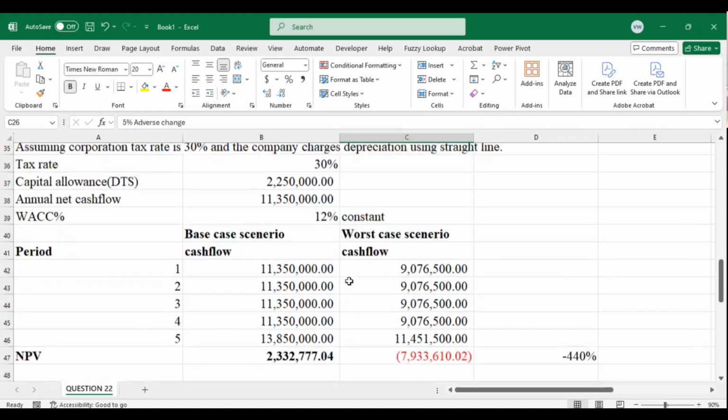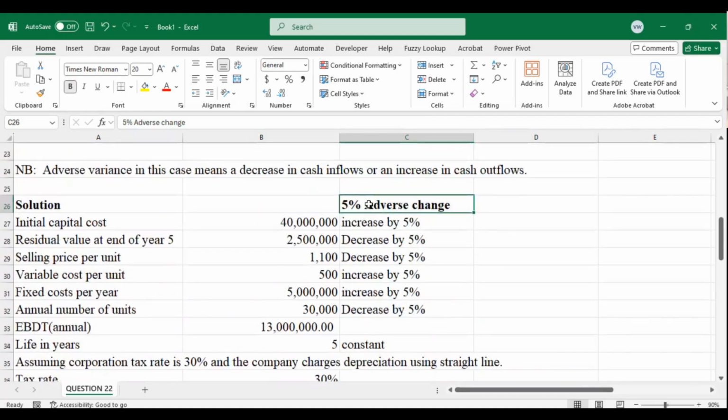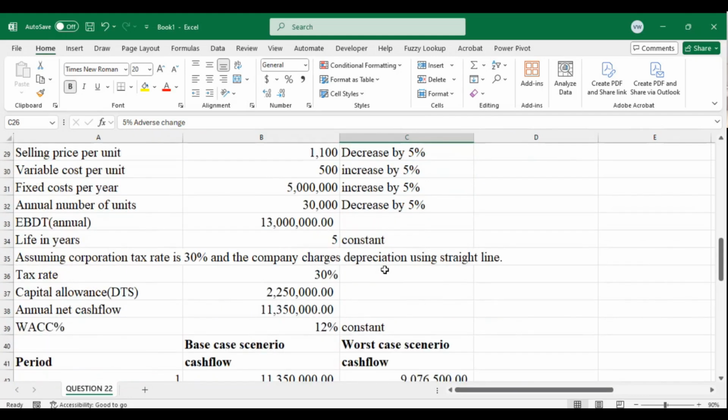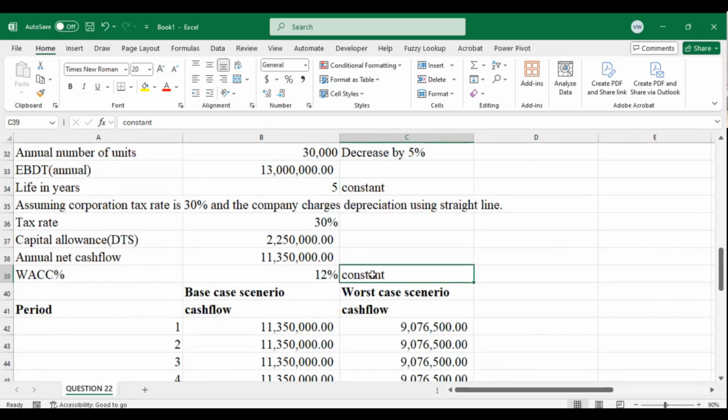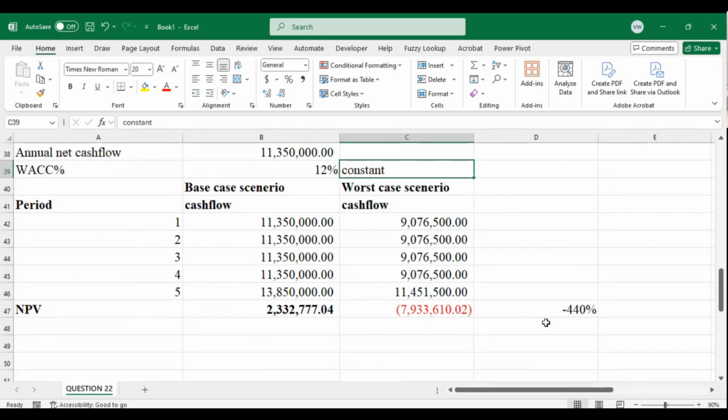So this means that a 5% adverse change in all the variables other than the life of the asset, which is constant, and the weighted average cost of capital, causes a 440% decrease in NPV. That is what it means.